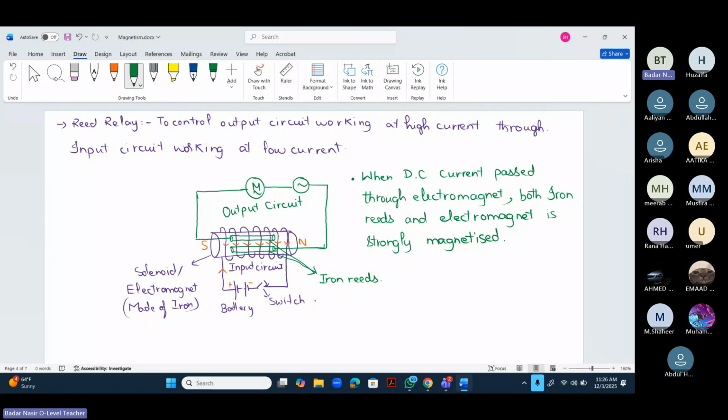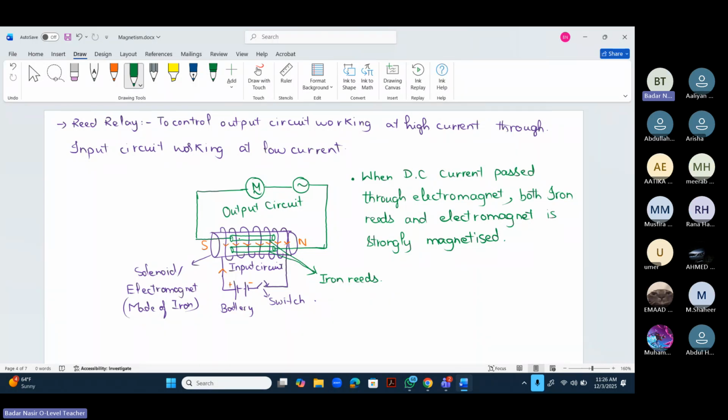Now when these iron reeds are strongly magnetized, these two reeds that you can see attract. Iron reeds attract and join together. When they attract and join together, the path for the output current is complete and the motor will start working. Okay? Iron reeds attract and join.